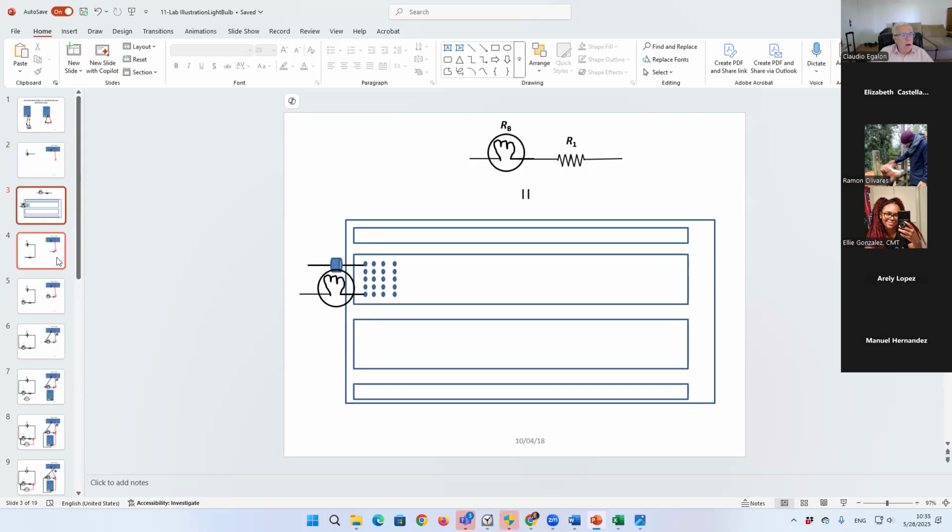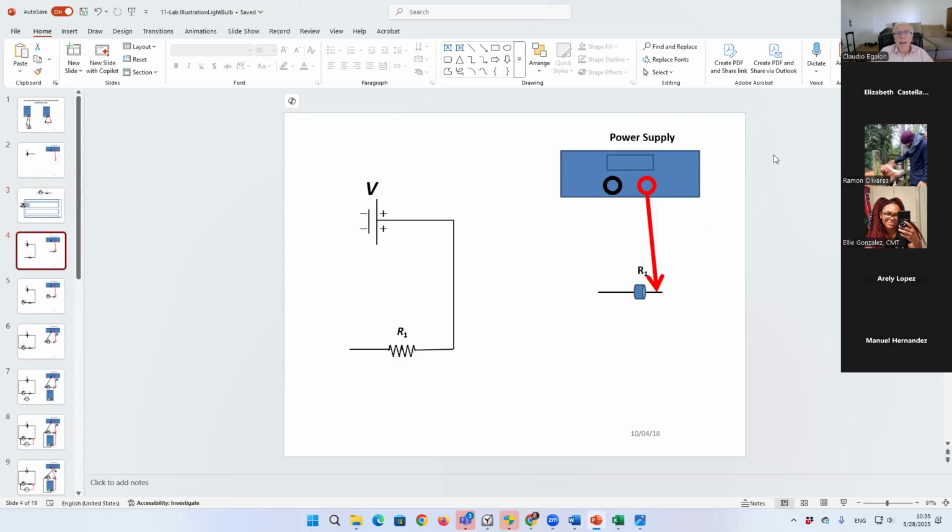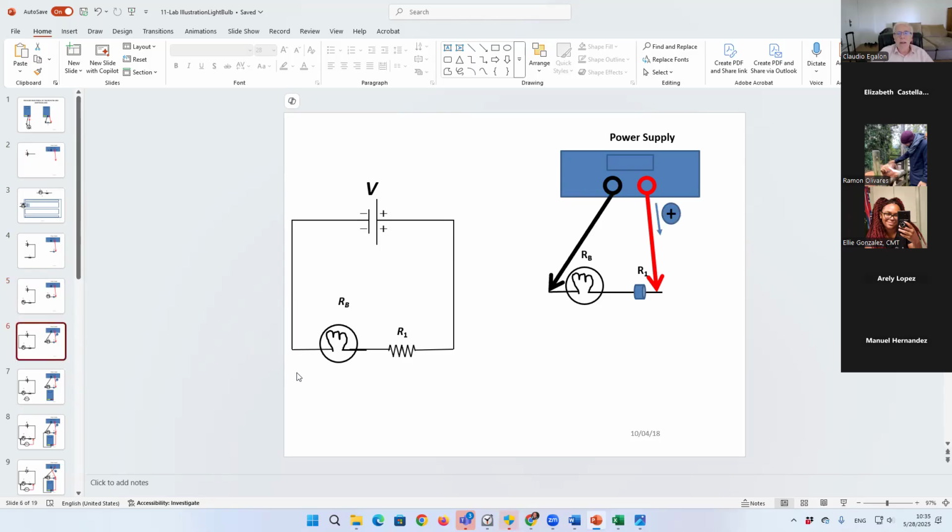Okay, and now we can connect the red cable of the power supply to one of the ends of the resistor. Okay. Since this resistor is already connected in series with the light bulb, now we can close the circuit with the black cable at the other end of the flashlight bulb.